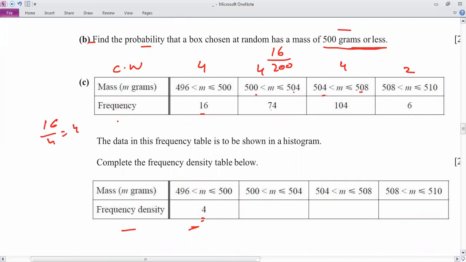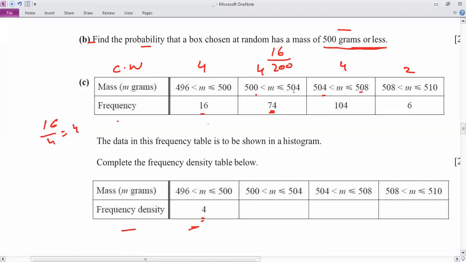But for this one, if you will find for this one, 18.5, what will be 18.5? Yes.